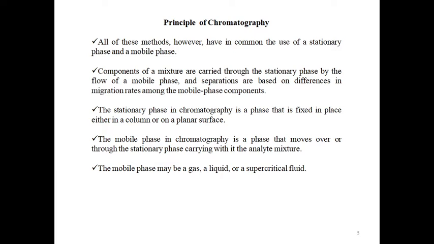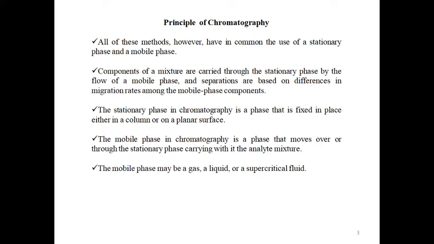Because of the migration rates. For example, if there is glucose and mannose, we can say that glucose is different from mannose. Glucose has a lower molecular weight compared to mannose. Based on this molecular weight difference, the lower molecular weight component can move faster and the higher molecular weight will take more time to move.